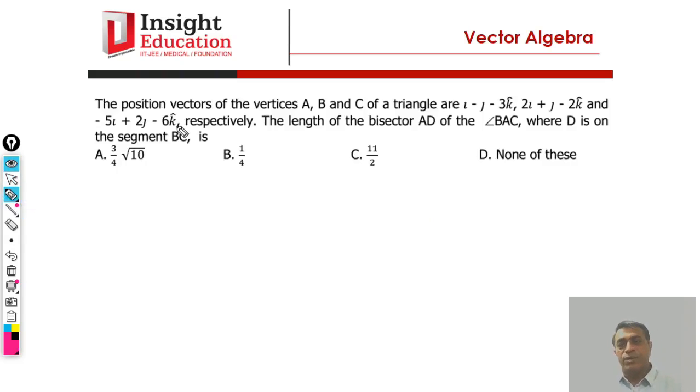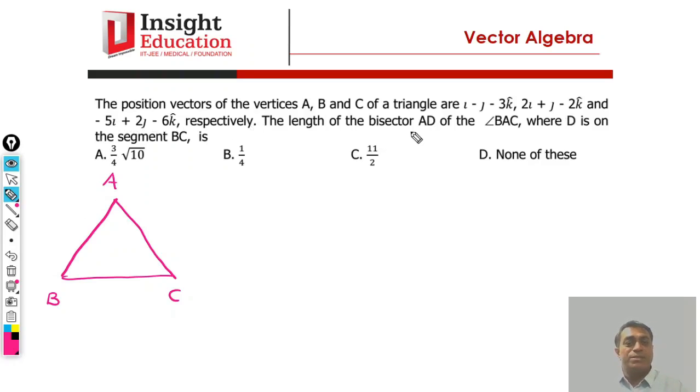So let us start a new problem. The position vectors of vertices A, B and C are I minus j minus 3k, 2I plus j minus 2k, and minus 5I plus 2j minus 6k respectively.